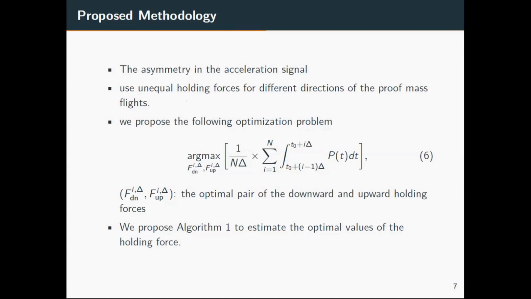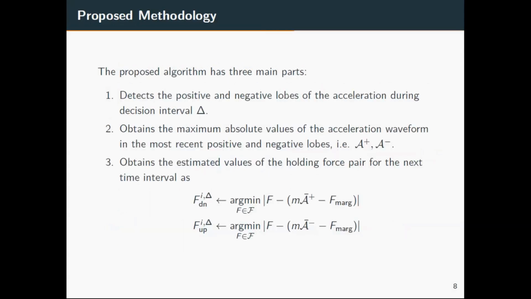And for that, we look at the previous value of the waveform for the acceleration, and we have an algorithm in the paper, algorithm number 1, which first tries to detect in which direction this proof mass is moving, from lower to upper plate or from upper to lower.